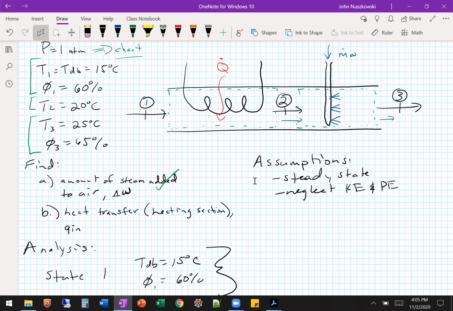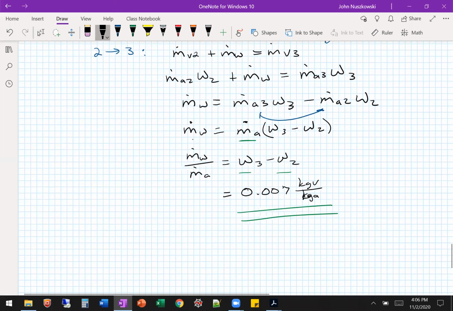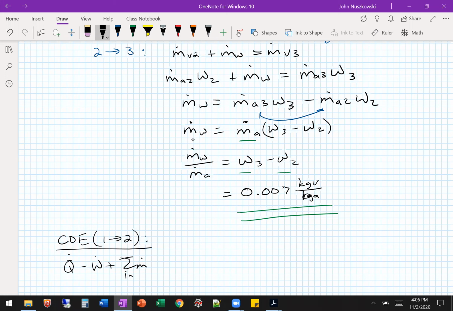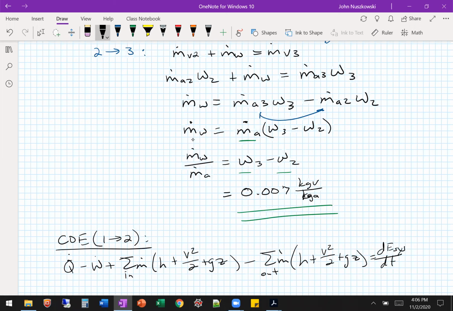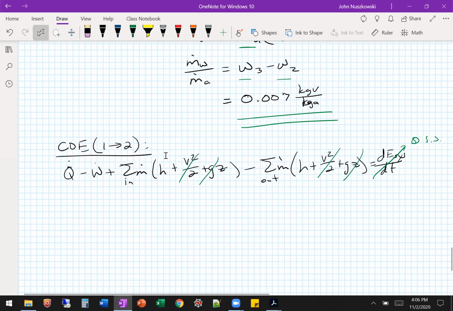Conservation of energy. Yes, conservation of energy, and we only have to do 1 to 2. It's steady state, with no kinetic or potential energy changes, and there's no work.